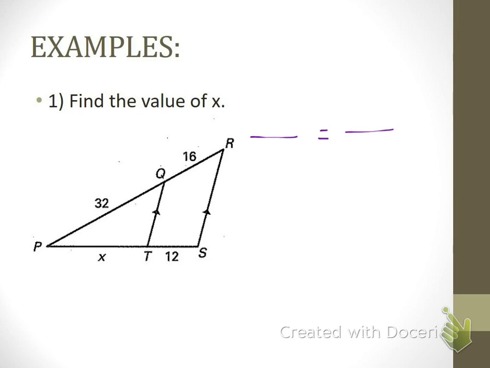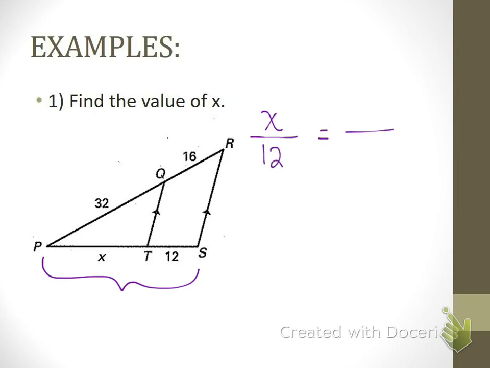So from the notes above, it said that it divides the sides proportionally. So I'm going to start at the bottom this time. So I'm starting here. What's one piece of that side? What's one part of that side? Somebody said it. X. X is one part of that side. What's the other part of it? 12.